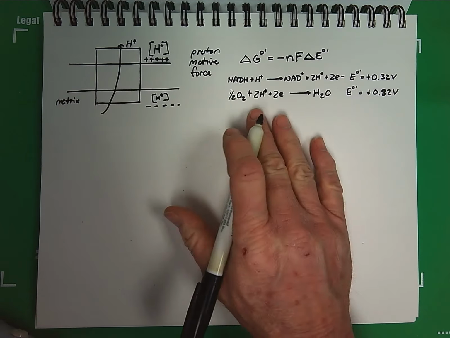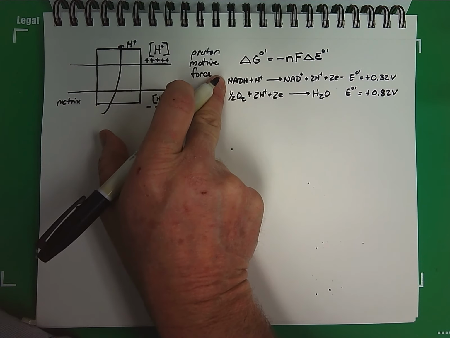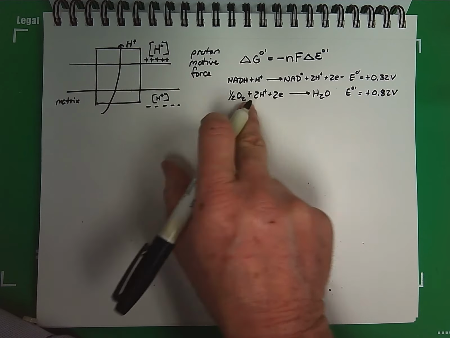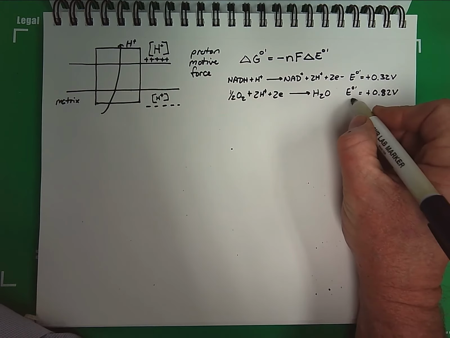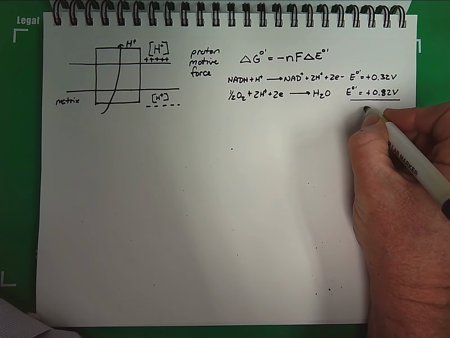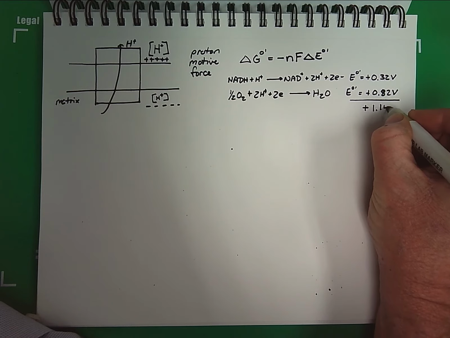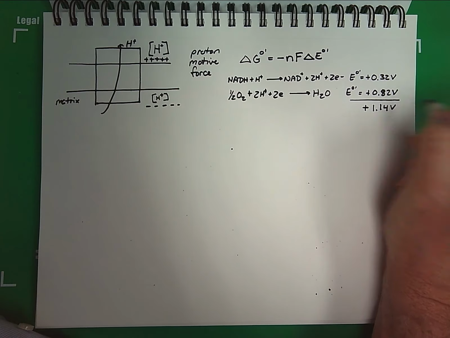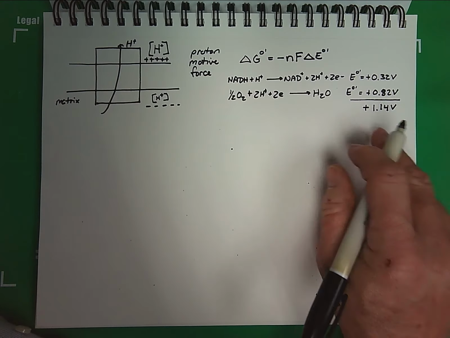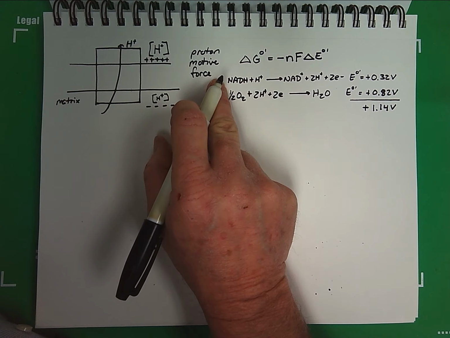So if we want the standard potential of the movement of electrons from NADH ultimately to oxygen to generate water, we simply have to add these two together. And this gives us positive 1.14 volts. So essentially, this is the voltage difference across the entire electron transport chain.